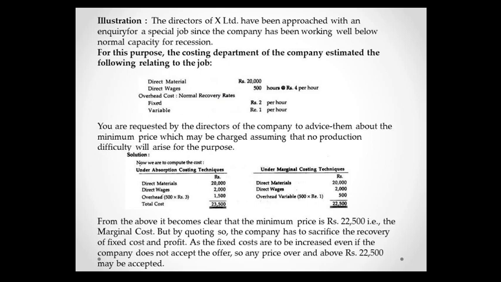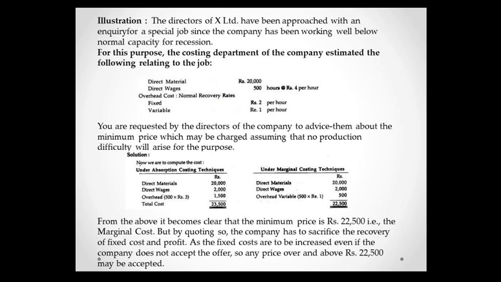Direct material is 20,000, direct wages is 500 into 4, it comes to 2,000, and overheads include both fixed and variable, so 3 rupees per hour for 500 hours. So 1,500 rupees is the overhead cost. So the total cost comes to 23,500 in case of absorption costing.